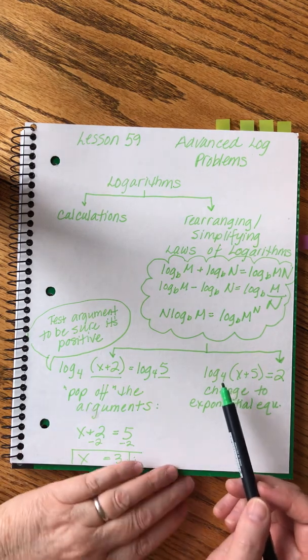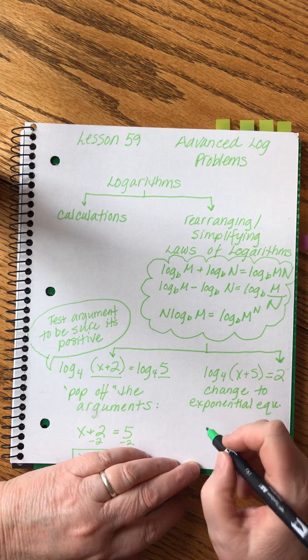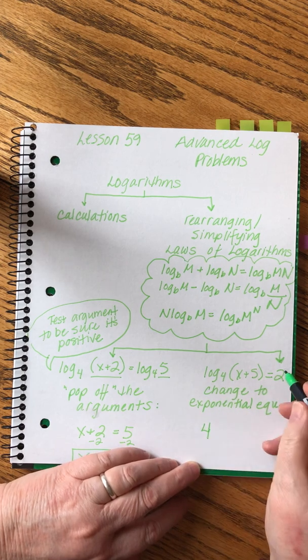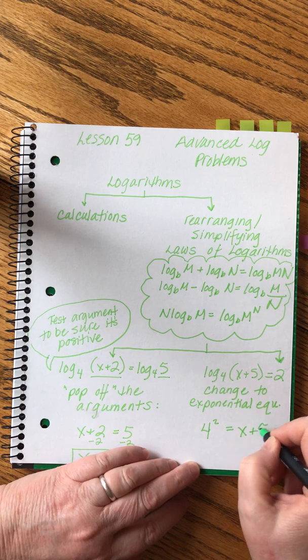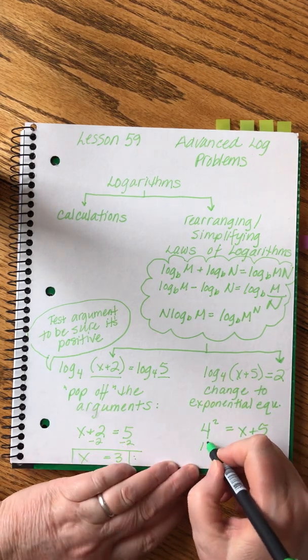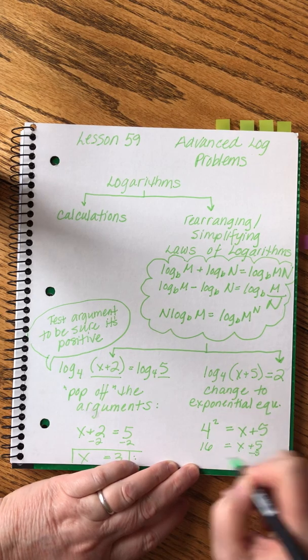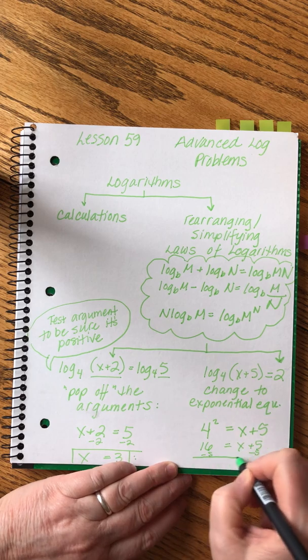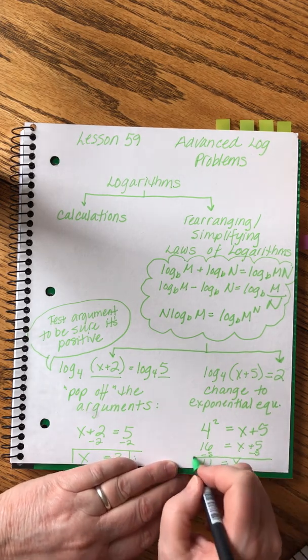So we can rewrite this as the base raised to the exponent equals the number, right? And then we can calculate from here as well. 16 equals x plus 5. We subtract 5 from both sides, and we get 11 equals x.